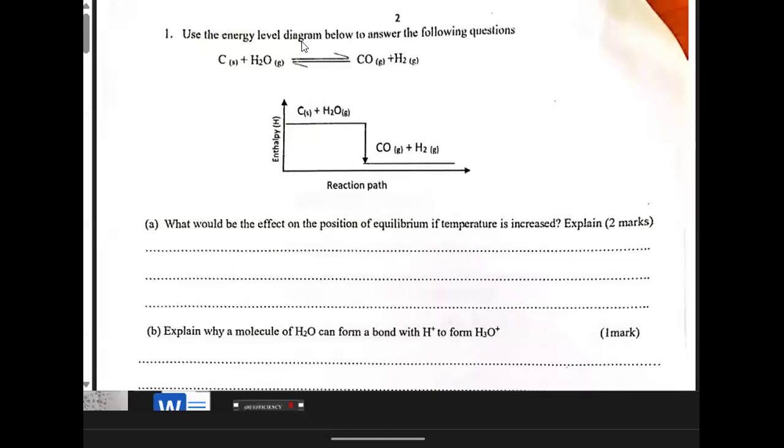When the arrows are half, it shows that the two reactions, the forward one to form carbon 2 oxide and hydrogen, and the backward one, are taking place simultaneously and at the same rate, at the same speed.